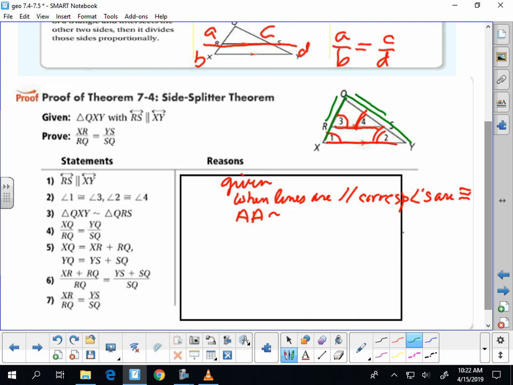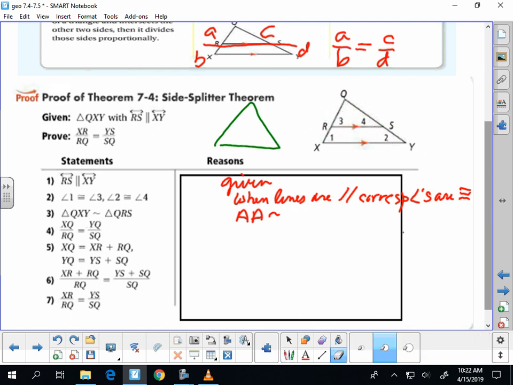Why can we say that? We can't use the side splitter theorem to prove the side splitter theorem, but we're not actually talking about the side splitter theorem because we're talking about whole triangles. So I'm talking in the big triangle where we know that this is 1 and 2.